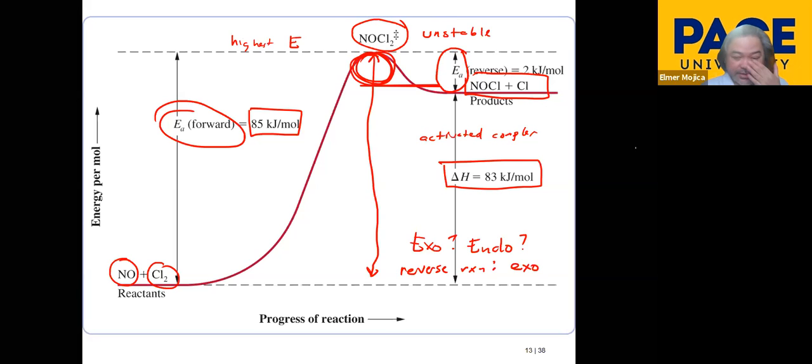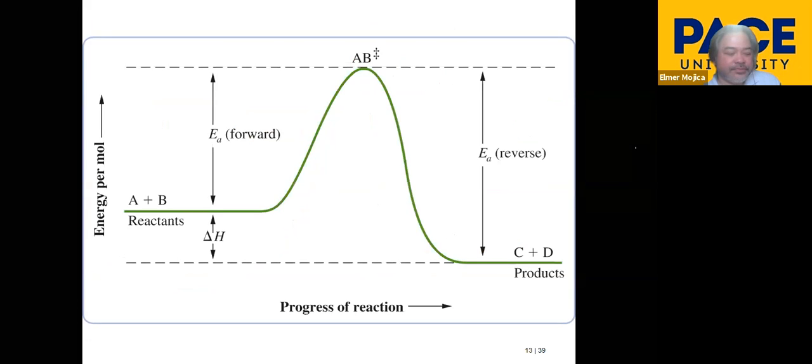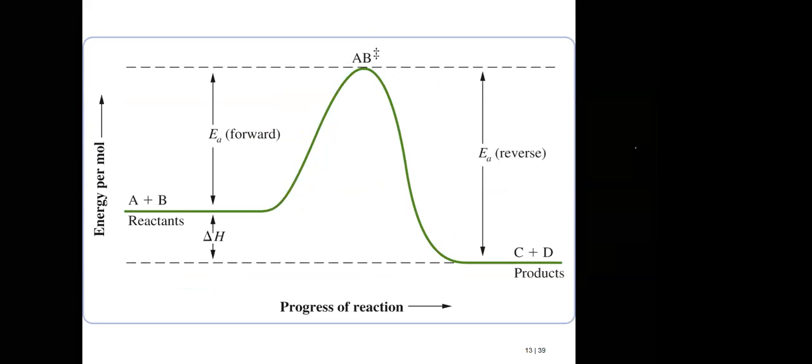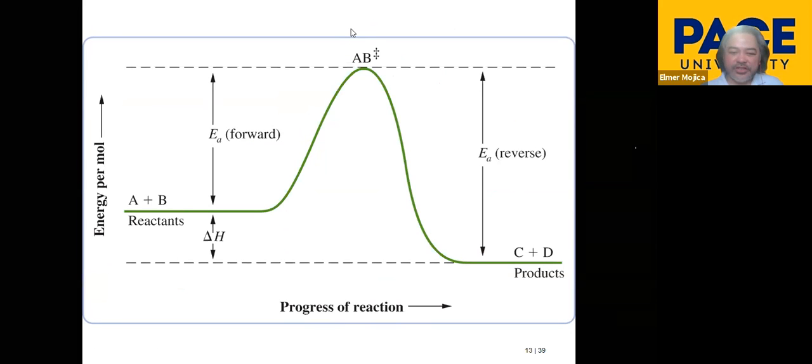Now, what does this mean in terms of the energy? So for instance, this one. Is this an endo or an exo? Exo. How about the others? So as you're going to look at this, this is the energy that it has here.